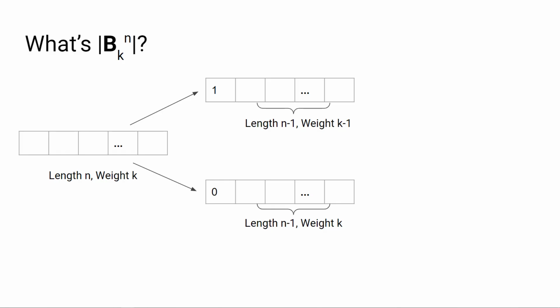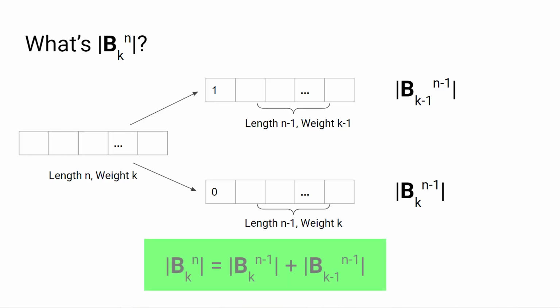Or it could be a 0 followed by an n minus 1 bit string of weight k, since again, all the bits have to add up to k. The number of the first kind is B(n-1, k-1), and the number of the second kind is B(n-1, k). So we get this recurrence relation here for any n, k by adding the two cardinalities together.